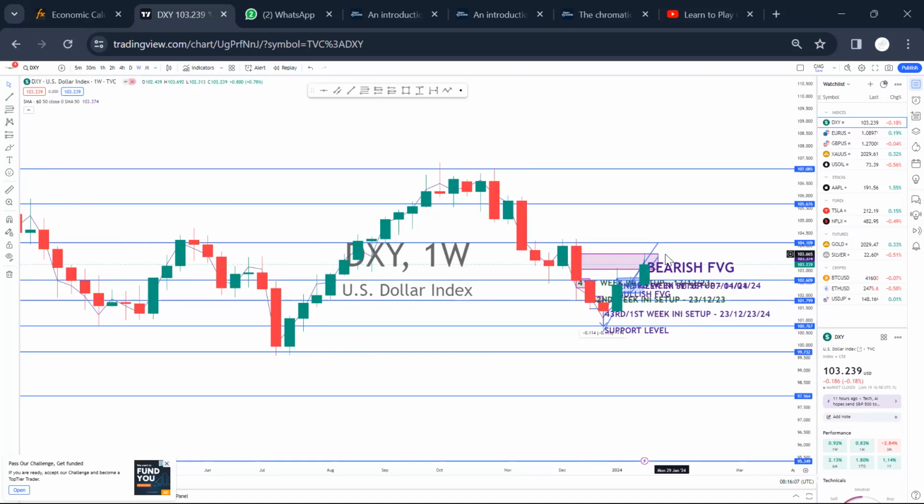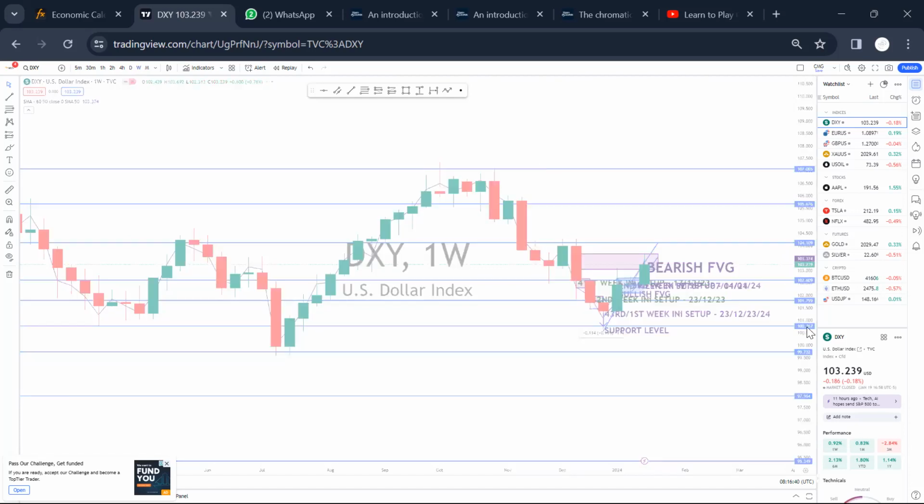This fair value gap is actually a bearish one, meaning when price taps into it, price has a higher probability of reversing or pulling back, or better still, dipping. It's bearish, right? So the market may move back. That is what I'm saying. But even though generally on the weekly time frame we see a bullish candlestick pattern forming. Now, let's move to the daily time frame and see what is happening there.